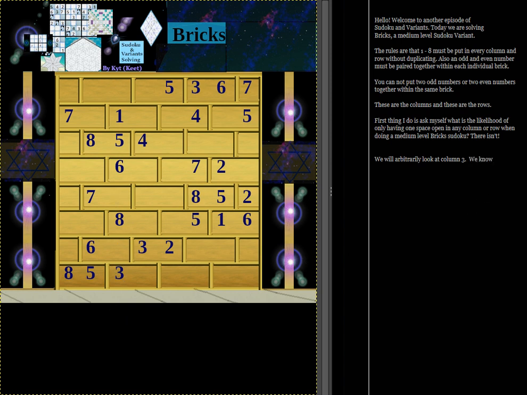We know we are missing only the odd 7. This is huge here, folks. We have a brick with a 6 in it, and that brick cannot take an even number.